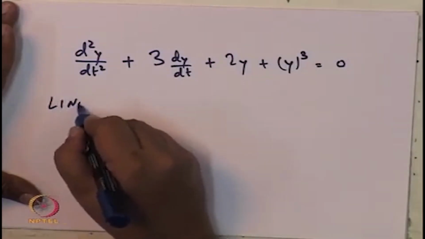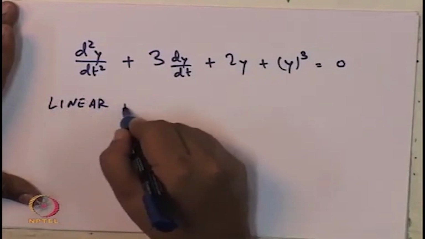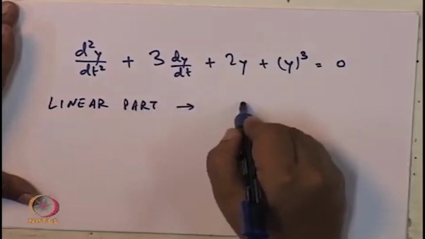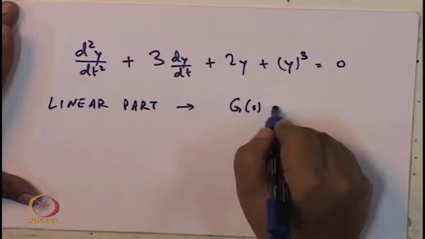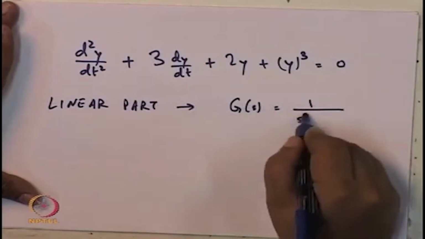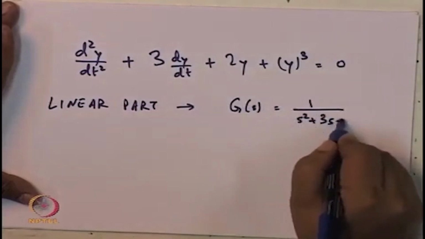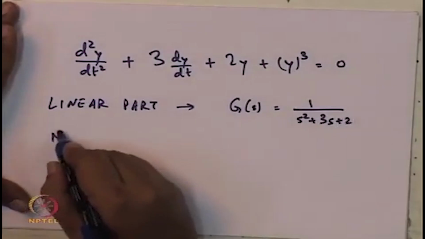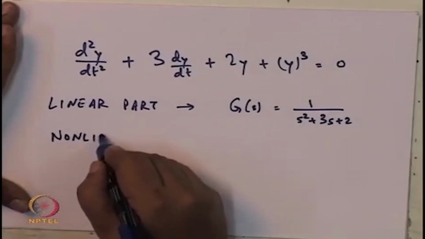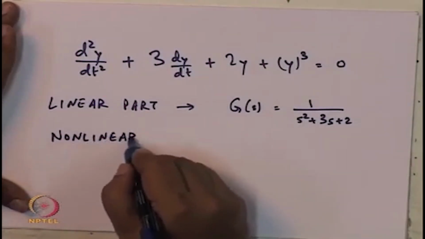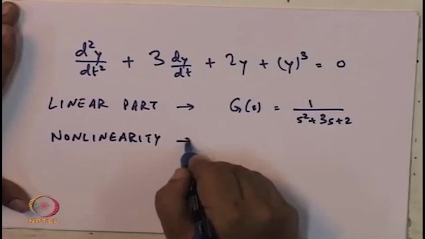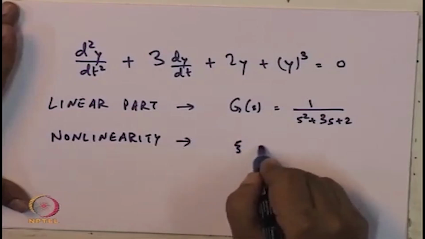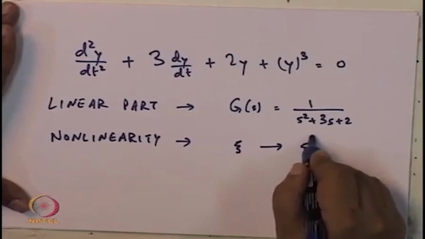The linear part would be given by a transfer function which is 1 upon s squared plus 3s plus 2. And the nonlinearity that you would interconnect with this linear system is given by something where if psi is the input, the output is psi cubed.